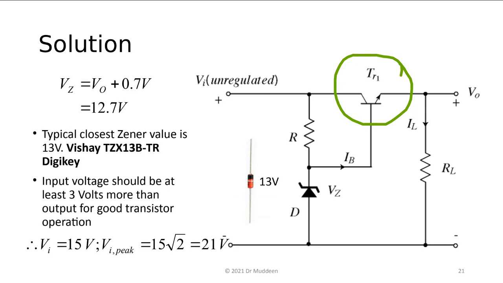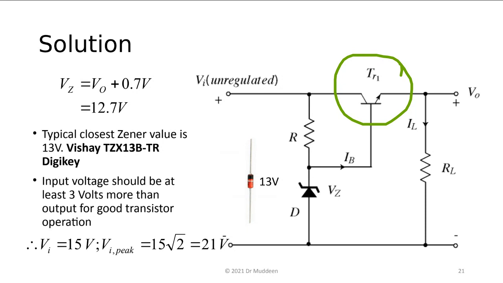The input is 15 volts. If we want 12 volts coming out, the input is supposed to be about 3 volts more than that. So we want the average value here to be at least about 15 volts.